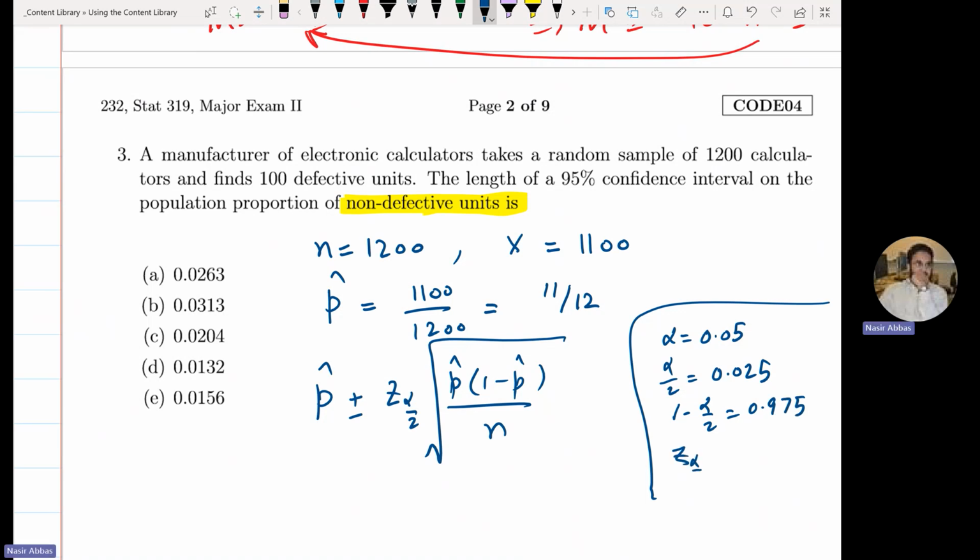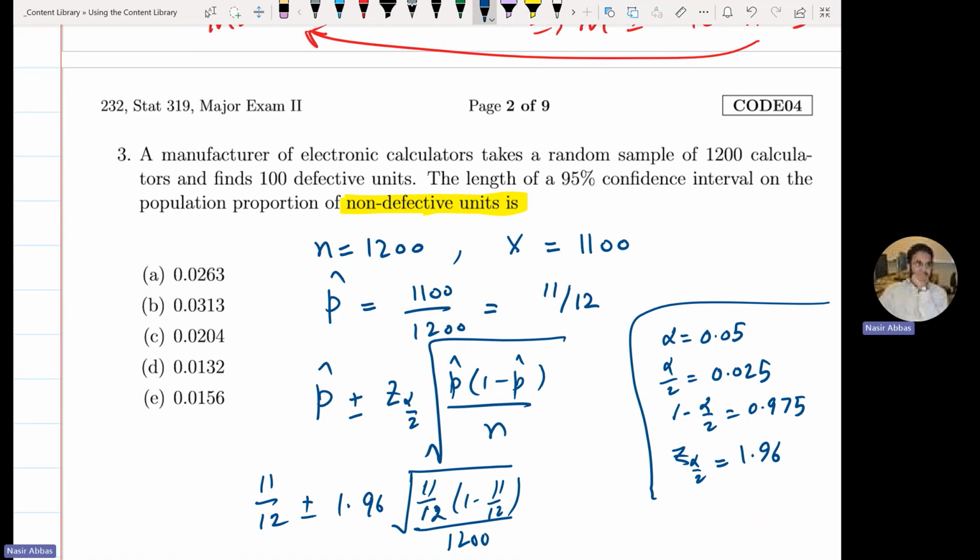So Z alpha by 2 will be 1.96. So you just plug it in: 11 by 12 plus minus 1.96 times the square root of 11 by 12 times 1 minus 11 by 12, over 1,200. What was required?